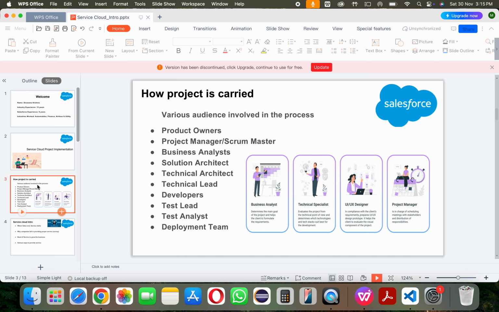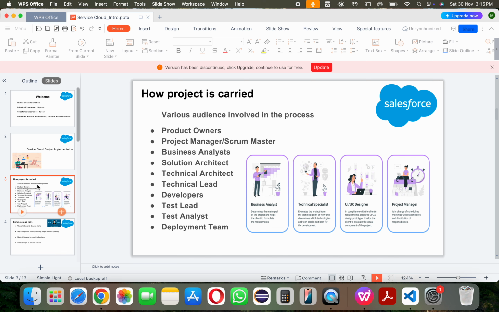We should understand each one's role, because tomorrow when we join the company and are in the project as a developer or as a lead or a technical architect, we should be collaborating with many people. It's teamwork. So we should understand their actual roles and who those people in the project are.